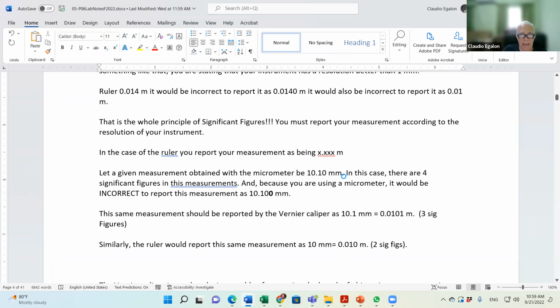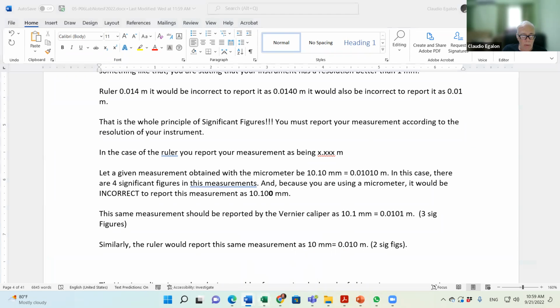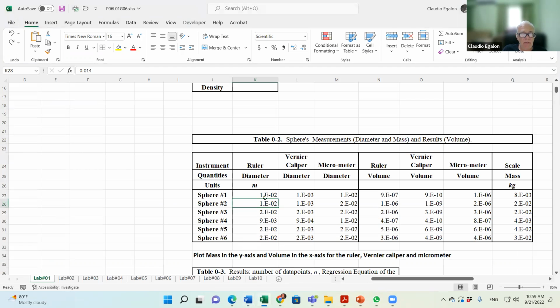And here, 0.01010 meters for significant figures. So now you should be able to report the proper number of significant figures on those 3 columns. Let's work on that, and then we can work the rest.